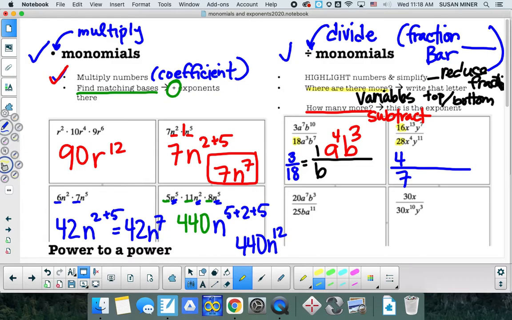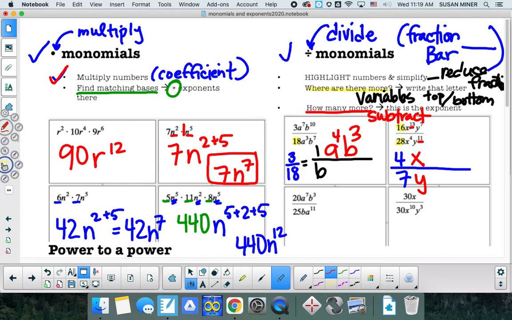Then I look at my letters. X and Y are what I have here. And X has more in the numerator. X is going to end up in the numerator. Y has more in the denominator, so Y is going to end up in the denominator.